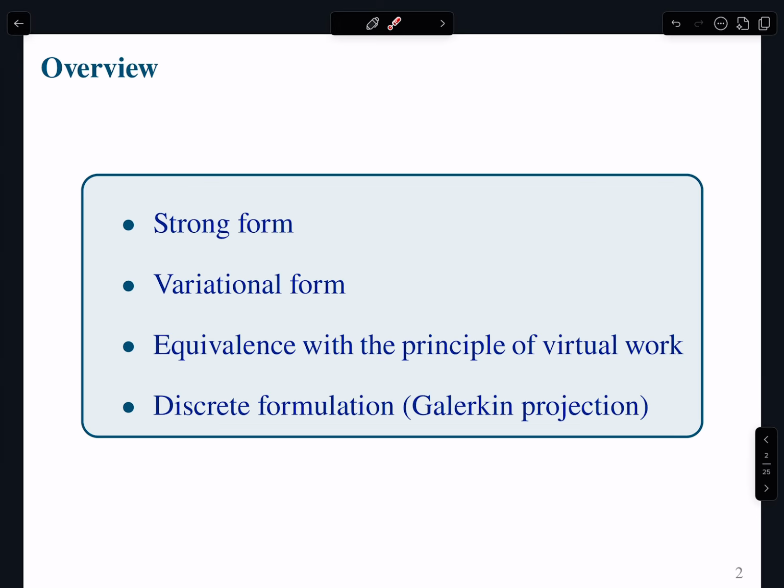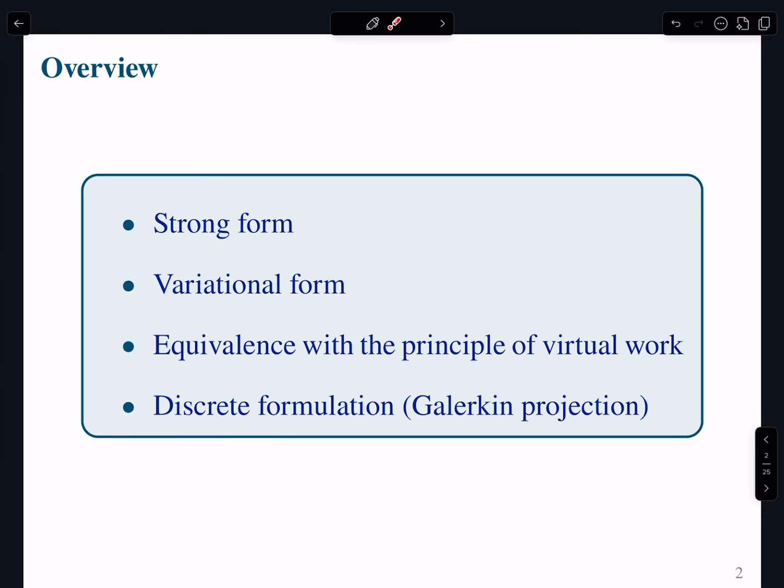So the weak form, the variational form obtained by the method of weighted residuals, or obtained by minimizing potential energy, or the principle of virtual work, are all equivalent statements of equilibrium on average. And then, of course, we looked at the Galerkin projection.